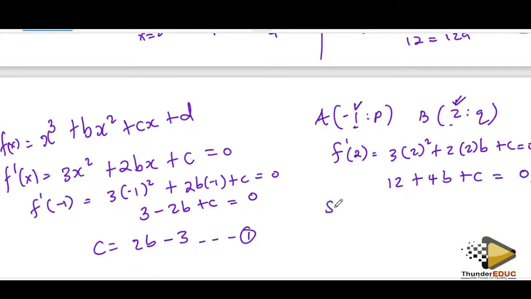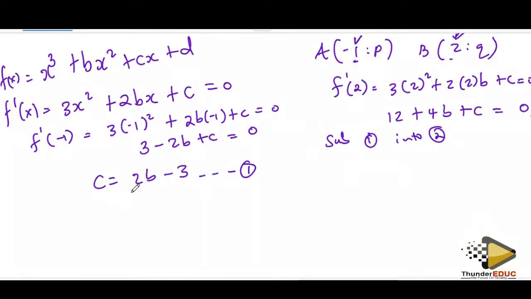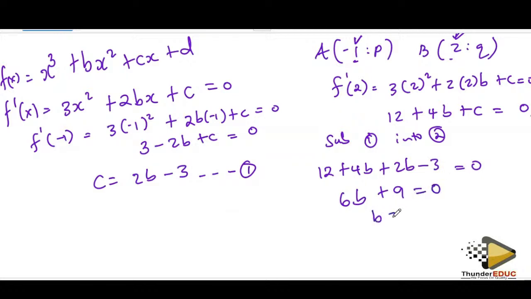Call that equation 2, and then substitute c from equation 1 into equation 2. So it becomes 12 plus 4b plus 2b minus 3 is equal to 0. This and this is 6b, 12 minus 3 is plus 9, equal to 0. Move the 9 to the other side: negative 9 over 6, which is negative 3 over 2.